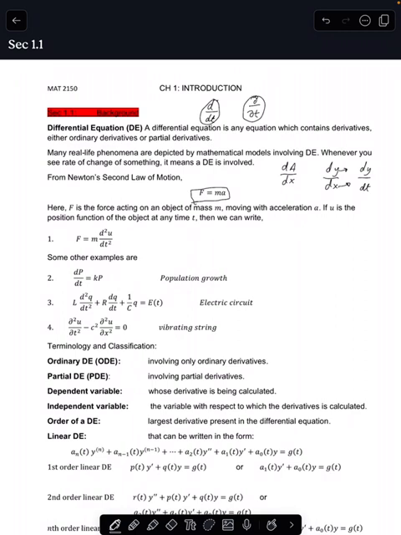If u is the position function, then du by dt will be the velocity, and d2u by dt2 means the second derivative of the position function, which means the first derivative of the velocity function. That will give us acceleration, a of t. So a of t is the second derivative of the position function. So we can plug in d2u by dt2 for a in the above equation, and so this became a differential equation.